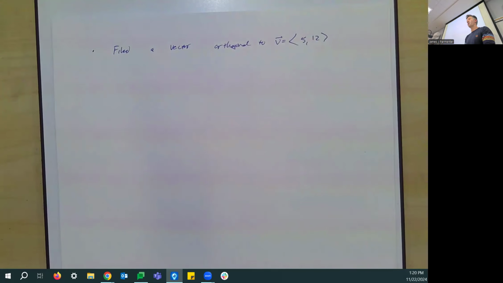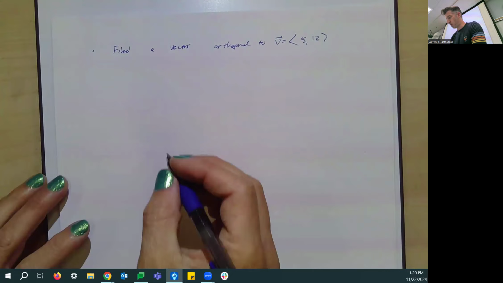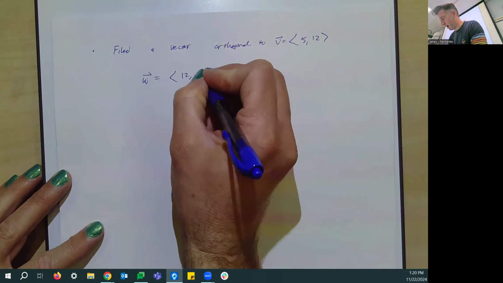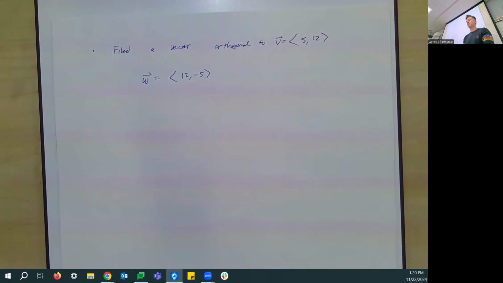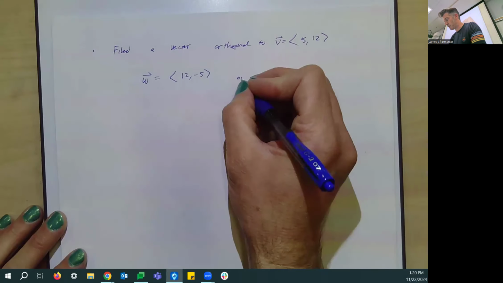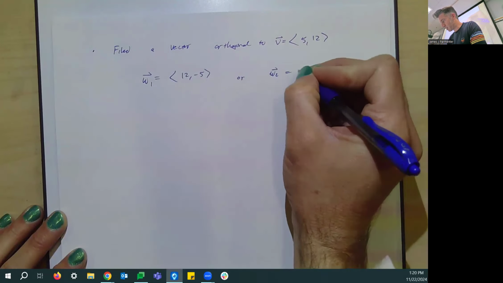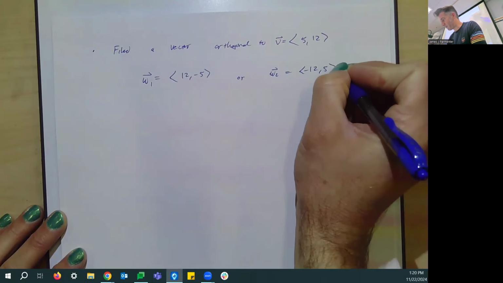There's actually technically an infinite number of answers, but there's two really quick ones. One of the really quick ones is 12, negative 5. The other really quick one is, I'll call it W1, negative 12, 5.